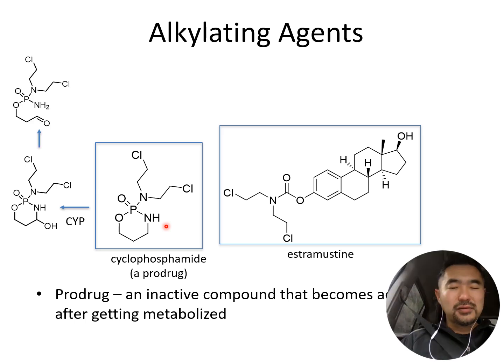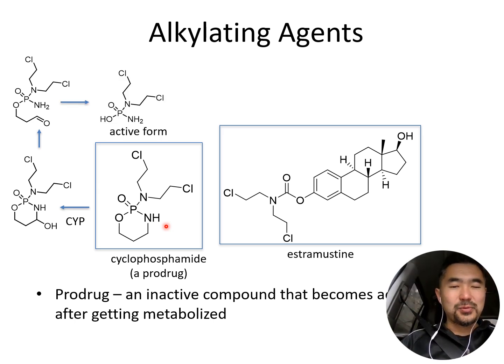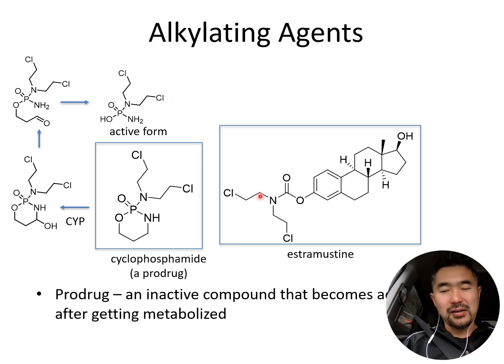And that introduces that amino alcohol functional group, which is susceptible to hydrolysis ring opening. And then once that ring opens, this phosphate ester can be fairly easily hydrolyzed. And this is the actual active form. And of course, we see the nitrogen mustard portion that undergoes cross-linking of DNA.